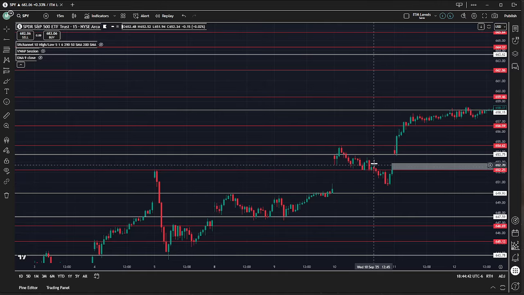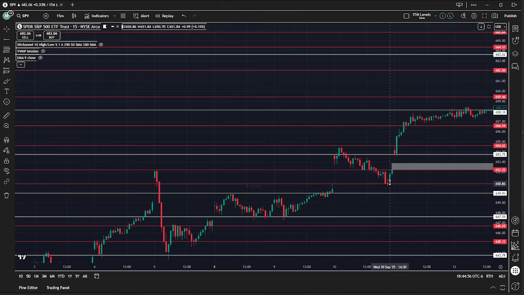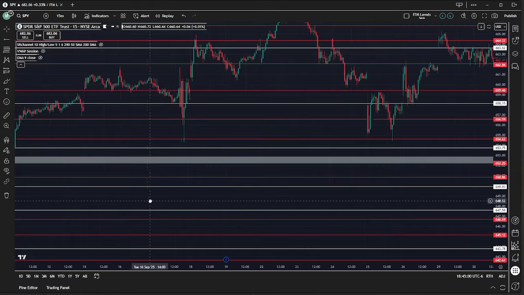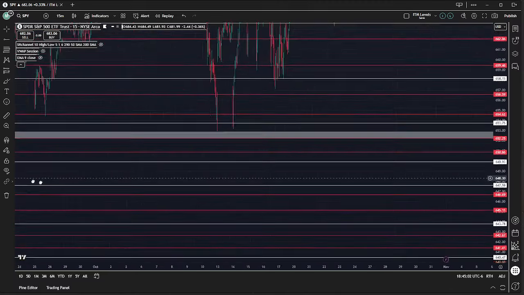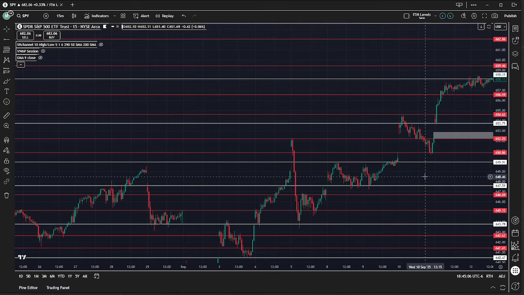We hold again, so it's just a slow downtrend till we break again, and we finally break below the supply zone. We go down and test our demand zone right there. And then right here, we're just gonna draw up our last supply and demand zones, and then from here, we're gonna figure out how we get our levels to the upside.